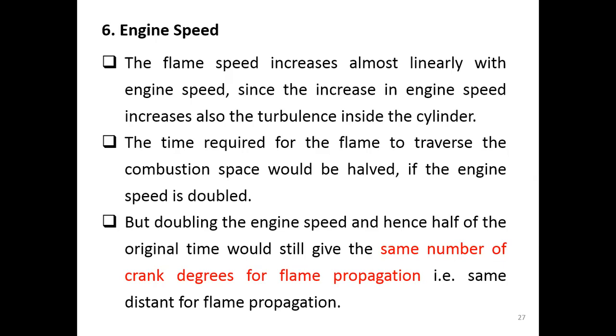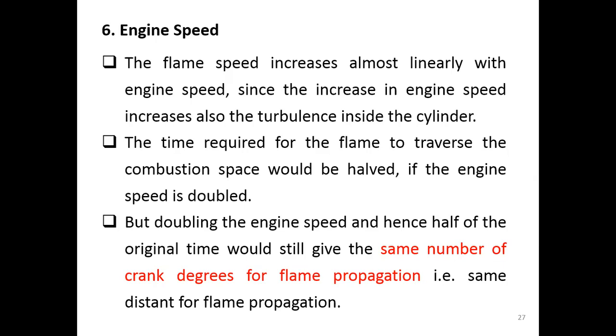But as I already mentioned earlier, no matter how big your engine is, what size your engine is, the crank angle is still 360 degrees in one revolution.